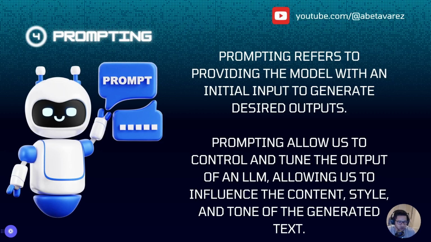Prompting allows us to control and tune the output of the LLM, allowing us to influence the content, style, and tone of the generated text. So a prompt is the initial text that we're going to provide to the LLM, and this is how we tweak and modify the responses that we get from the LLM.